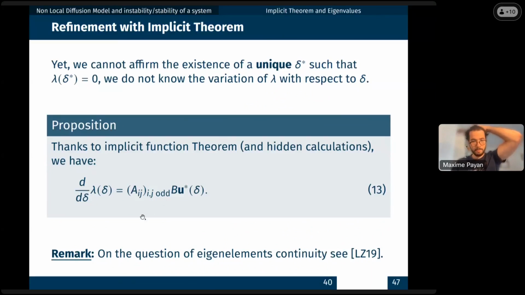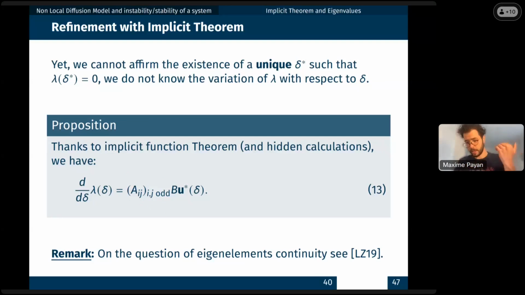This is the A, but we remove the even rows and columns, times B times U star, the solution of the Newton-Kantorovich theorem here for the delta parameter.